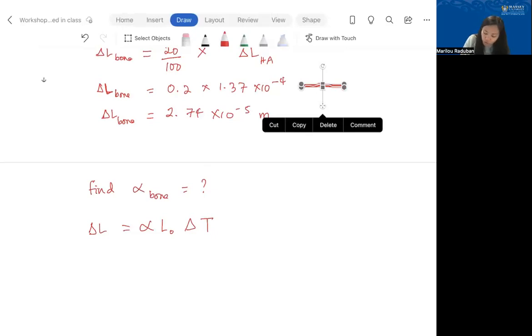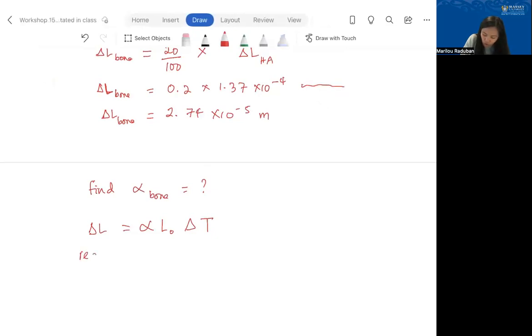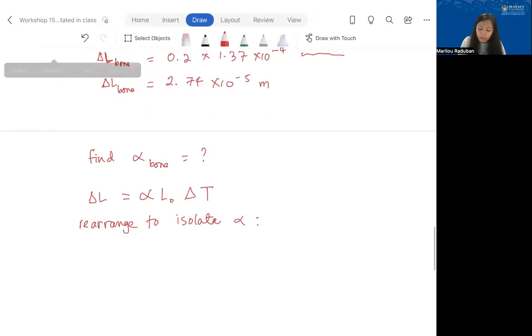To find alpha, we need to rearrange this and isolate alpha. Alpha is tied to L0 and delta T via multiplication on the right-hand side. To get rid of L0 and delta T, we need to divide the right-hand side, and whatever you do on the right side, you also have to do on the left side.